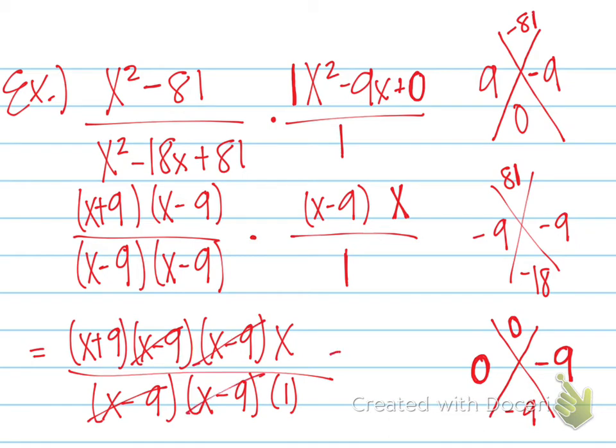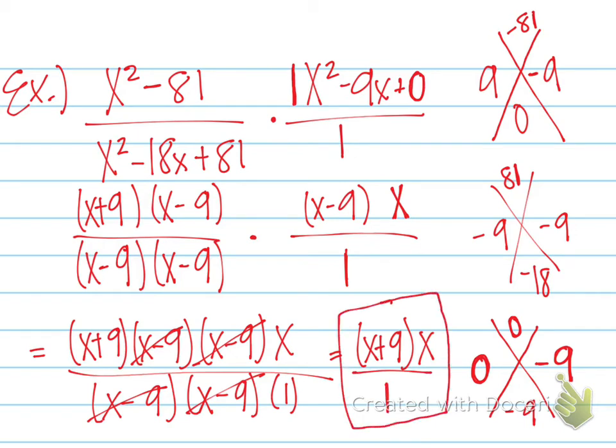So what are you left with on top? Well, you're left with an x plus 9 and an x. And on the bottom, you are left with 1. Okay?